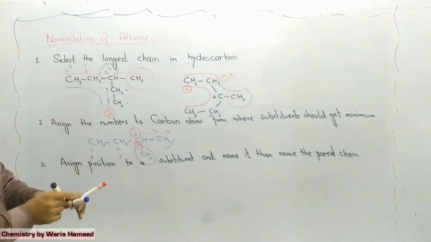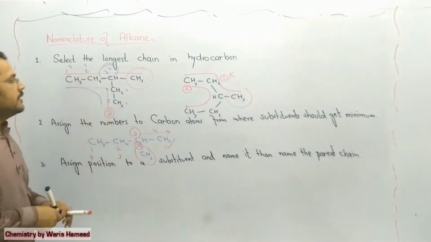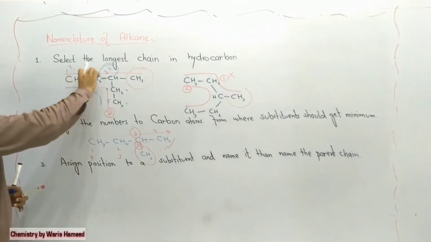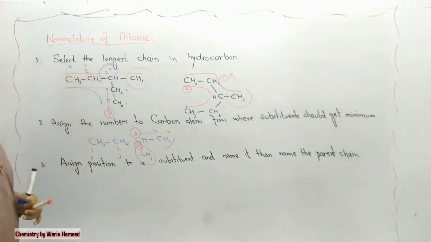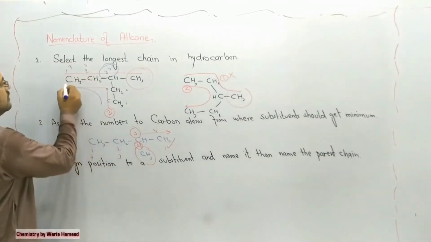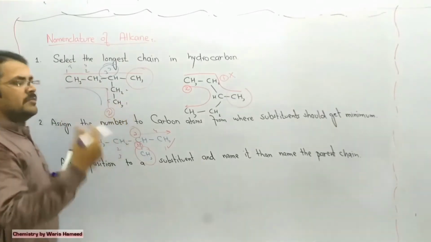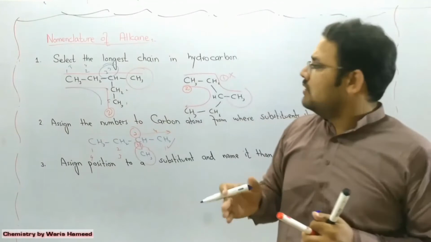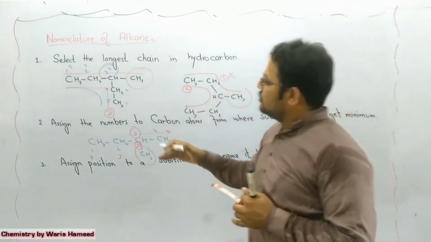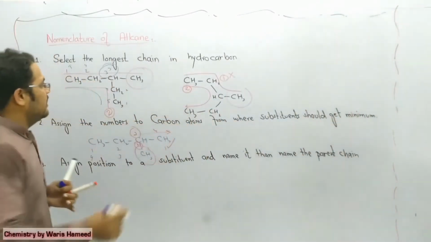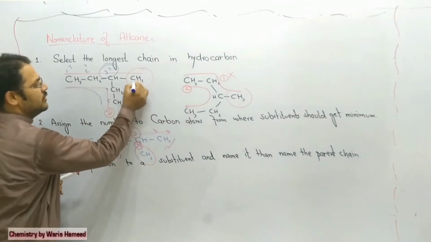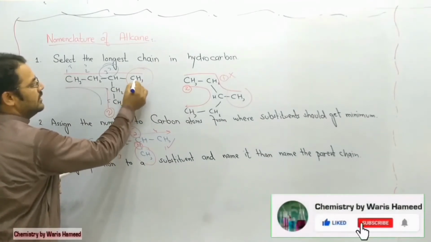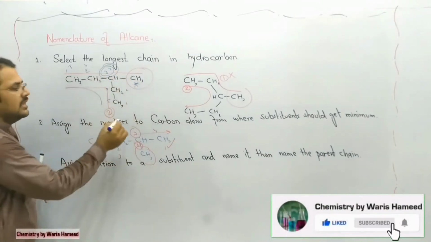Now, in these cases, if I give a name to this hydrocarbon, numbering can be possible from both sides because the substituent is on carbon 3. So how do we name it? First of all, assign the position to the substituent. It is present on carbon 3.